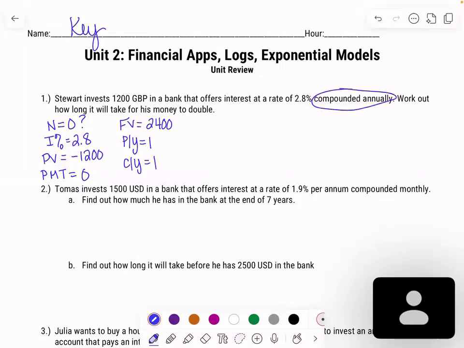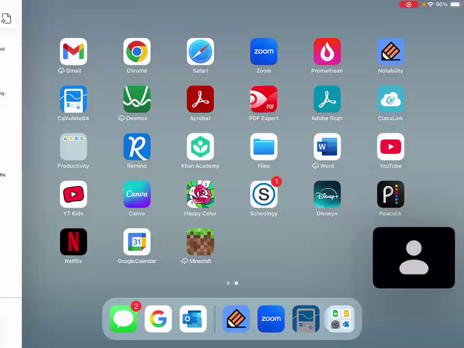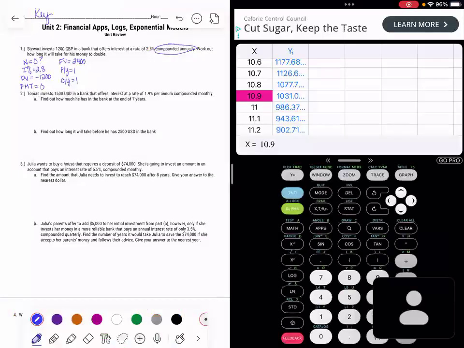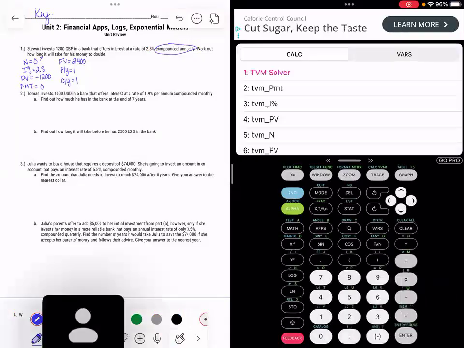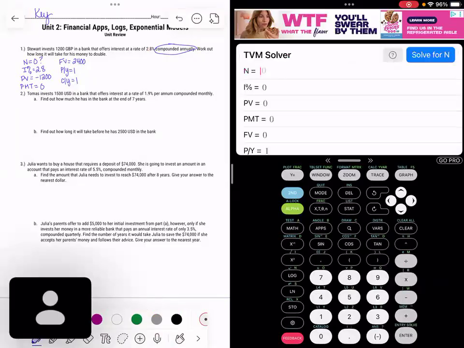So now we're going to go ahead and put this in our calculator, which I can show you also on the screen. Split view, calculator, if my app will work. All right, so we're going to go to apps, time value money solver.